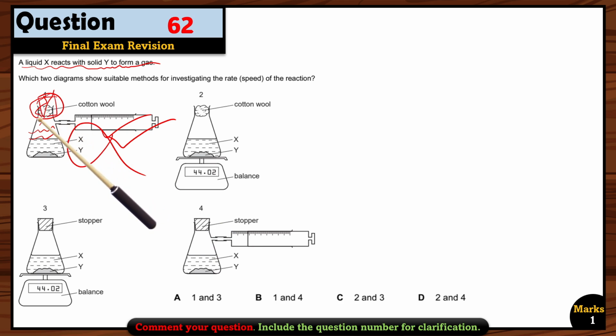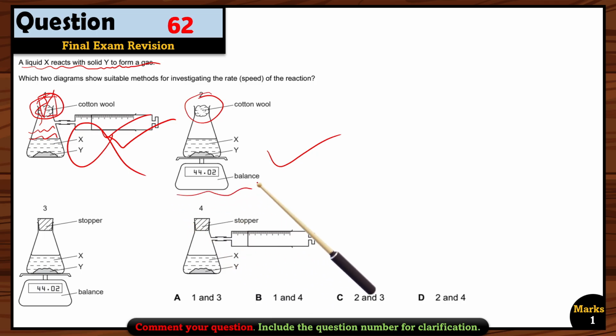Okay, now let's see a second option here. Which option is right? Now they want to measure how much of your reactant has been consumed. Why? Because if you see, they are not measuring the gas. They are actually using a balance, and they want to measure that, okay, at the start the reactant was 42. Now what is the mass at the end of the reaction?